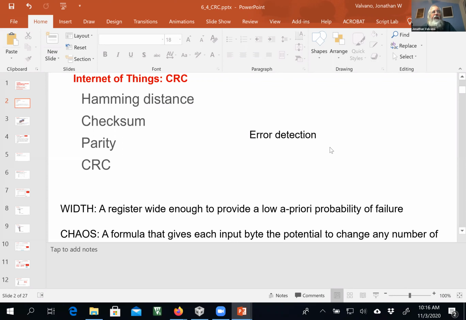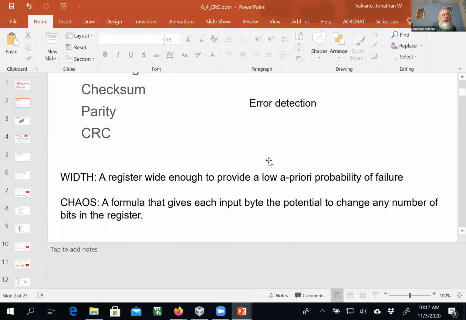That is why CRCs have been adopted, because they are chaotic, which means that they have a better chance of not having false negatives, right? Multiple errors that come out as a correct checksum or correct error code.